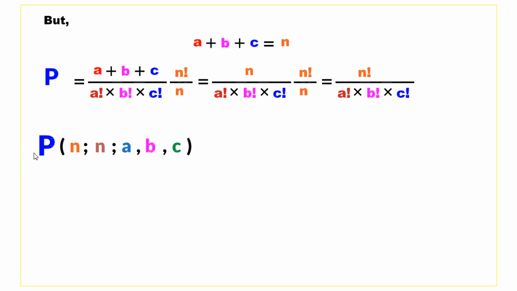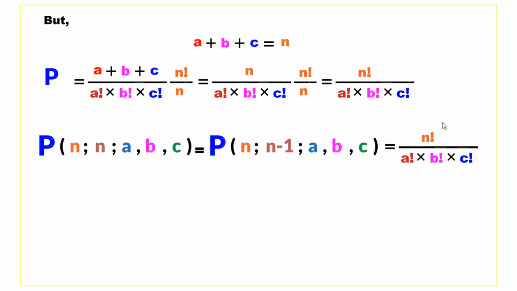So we notice that permutation of n objects taken n at a time is equal to permutation of n objects taken n minus 1 at a time for the case of the same identical objects and no replacement, and both can be computed from this formula.